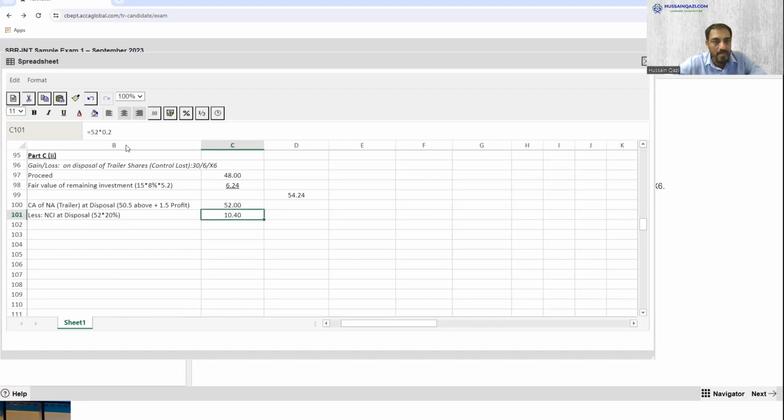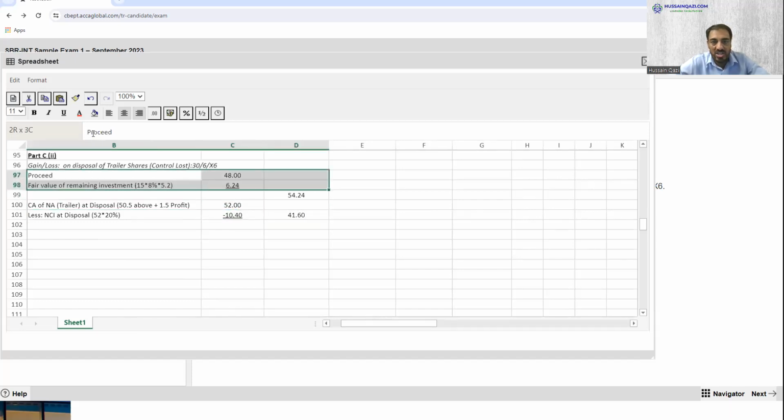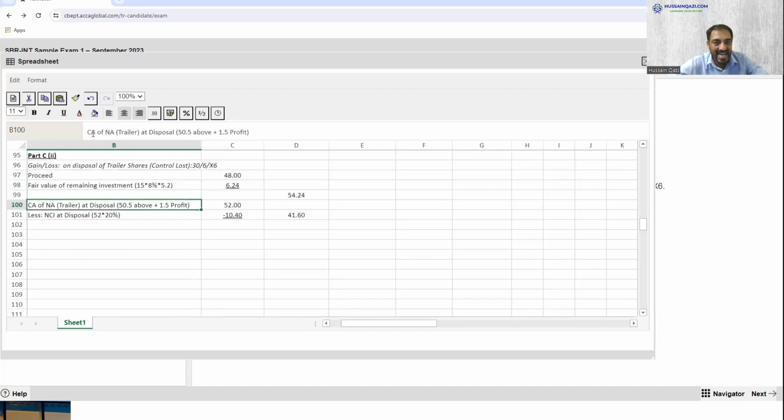That should be minus. So the parent position after disposal is 54.24, less what they have lost, that is 41.6. So that is the gain on disposal.